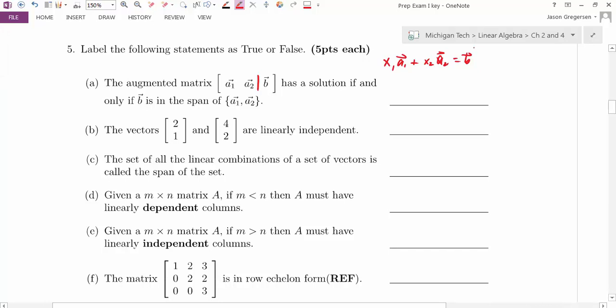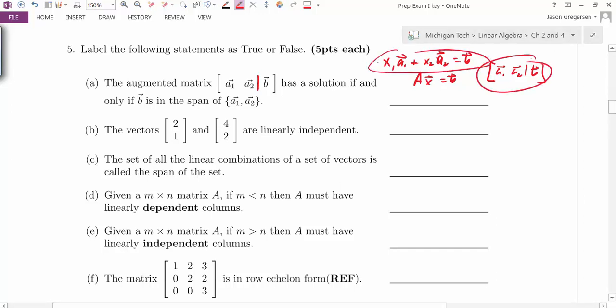But that's just a vector equation, which is similar to the matrix equation, AX equals B. And to solve that matrix equation, we would look at the augmented matrix and row reduce to find the solution. So if this has a solution, then B is in the span of A1 and A2. So this one is true.